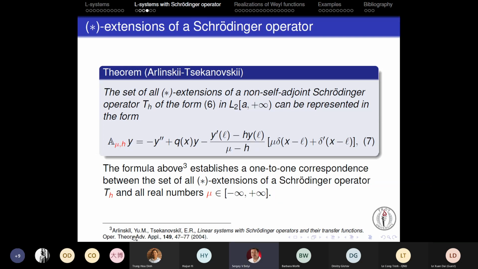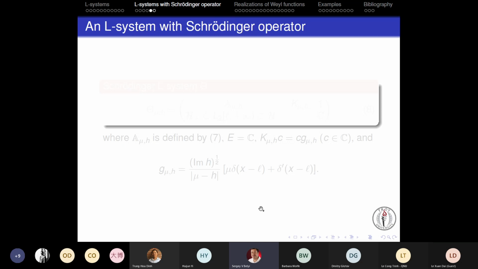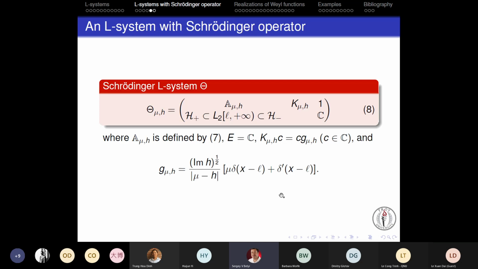The result was obtained by Yuri and Edward in 2004, and here is a reference. So one can create an L system with a Schrodinger operator because all components are known and are there.